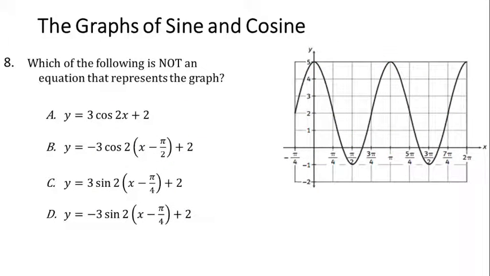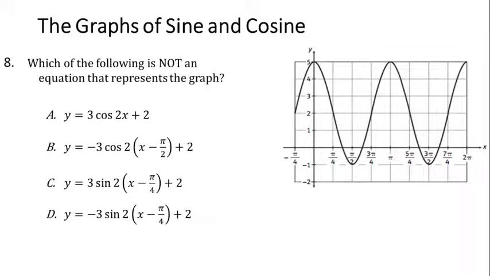Now we've got the same graph, but here we're asked to identify which of these equations does not represent this graph. And we had an amplitude of 3, and if I look at my equations, they all have 3's there in the front.